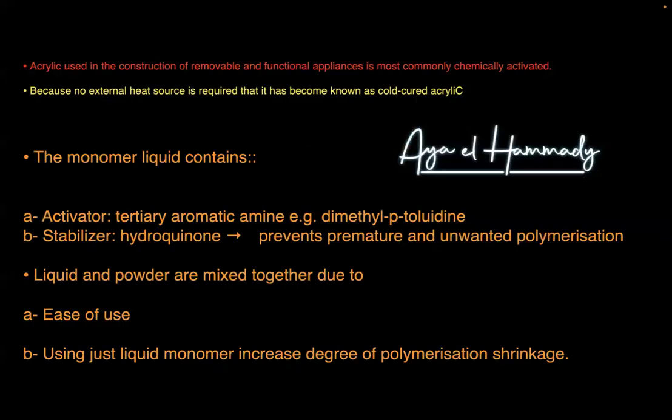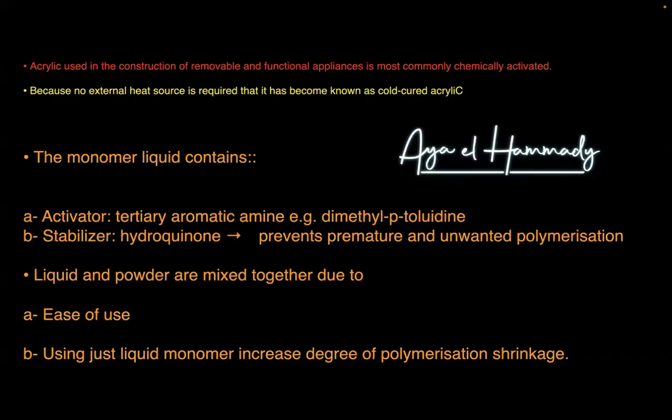The acrylic, we use it in many of the removable appliances, the functional ones like the twin block, either heat cure or cold cure acrylic. The heat cure part is the base material of the twin block, and when we are going to reactivate the twin block, we add a cold cure acrylic.